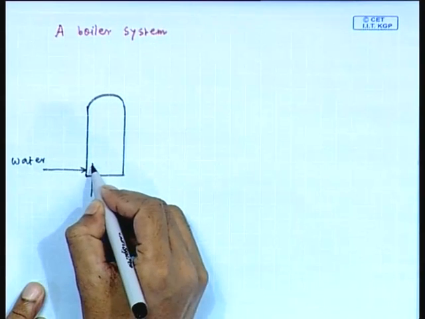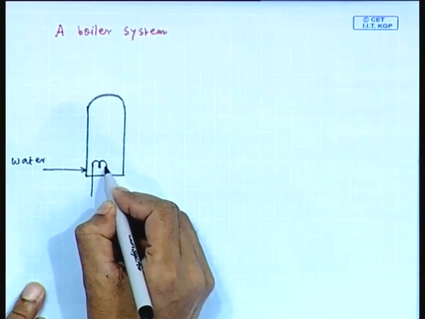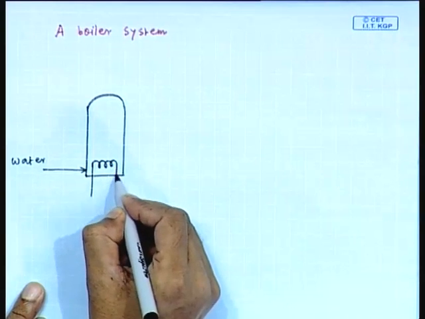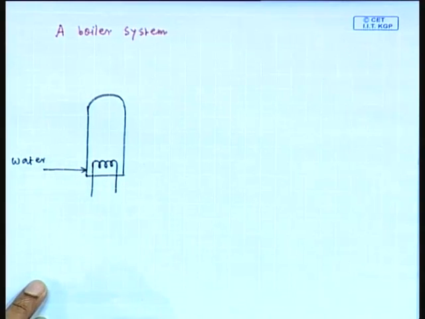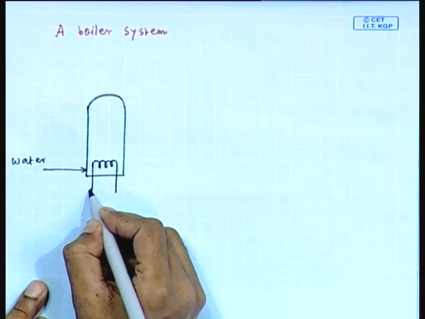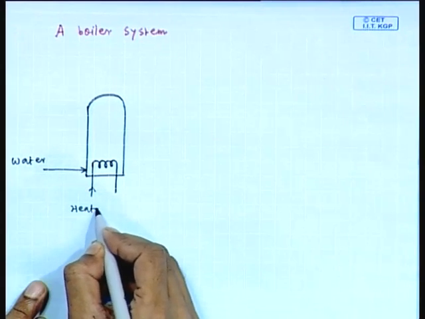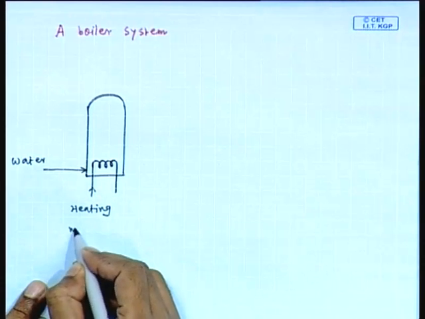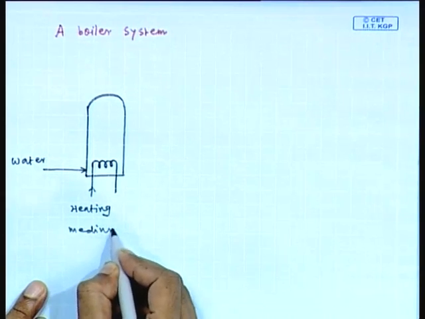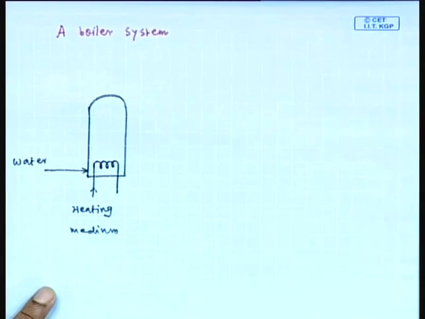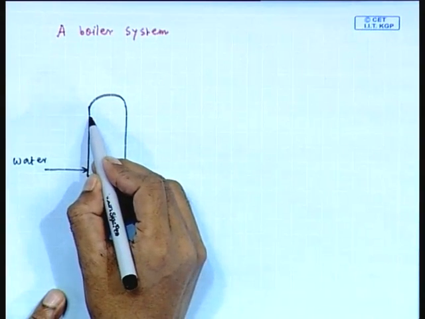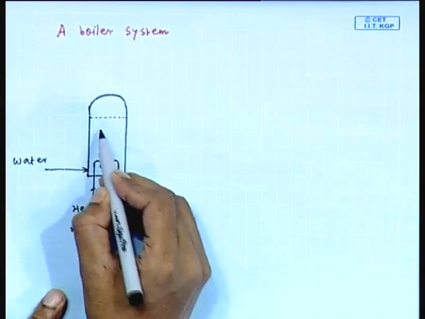For producing steam from water, we need a heating medium which is passing through this coil. This is heating medium which is supplying heat, and this is indicating the water level.